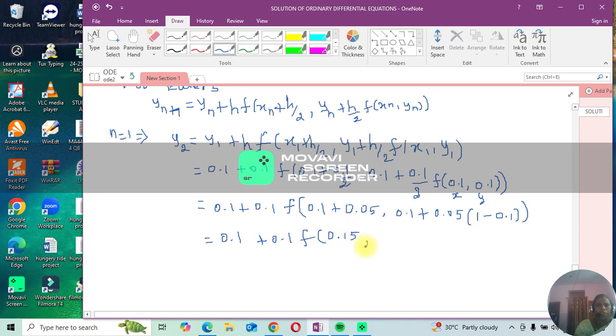So 0.15 comma, now we should not add these two because this is in multiplication. So first we multiply this, then only we add this. So 0.1 plus 0.05 into 1 minus 0.1.